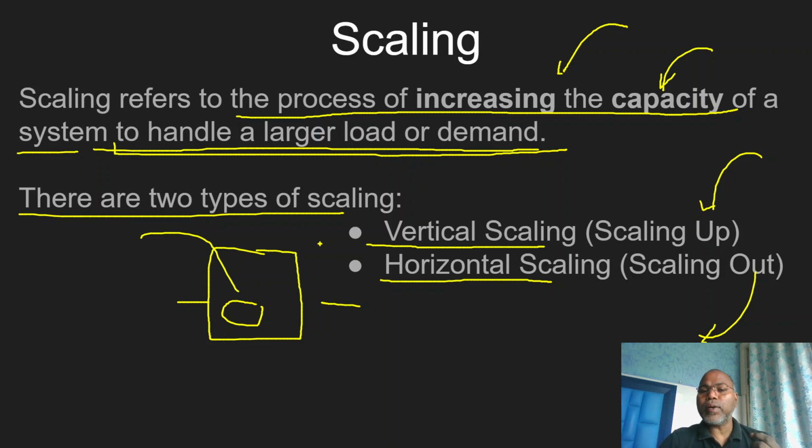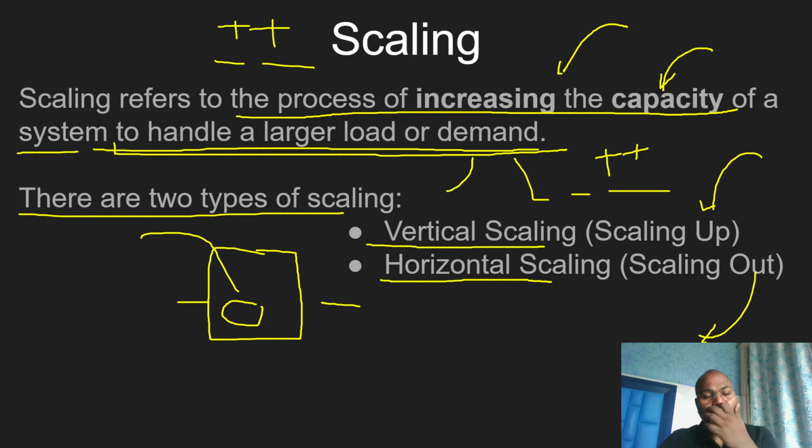On a demand basis, sometimes we increase our capacity, and if there is no high demand we can decrease our capacity. So scaling means we can increase or decrease our capacity according to customer demand, user requests, and system load. Scaling means maybe plus or minus.